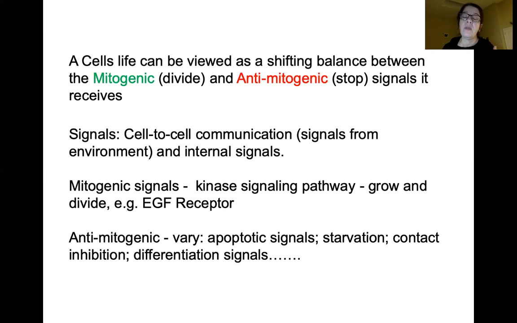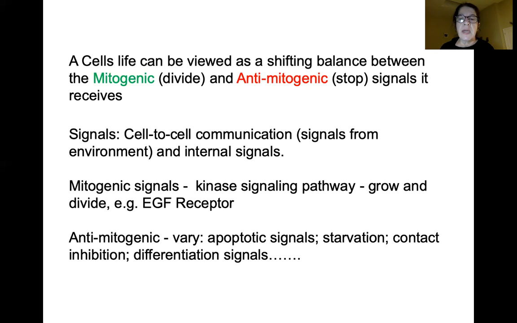But they can be very different. They could be go ahead and die, apoptosis, apoptotic signal. They could be listen, starvation. You don't have enough food. You don't have enough energy, enough resources. You shouldn't divide. They could be contact inhibition. We explored this in juxtacrine signaling, if you remember. This is how we maintain tissue integrity, right?